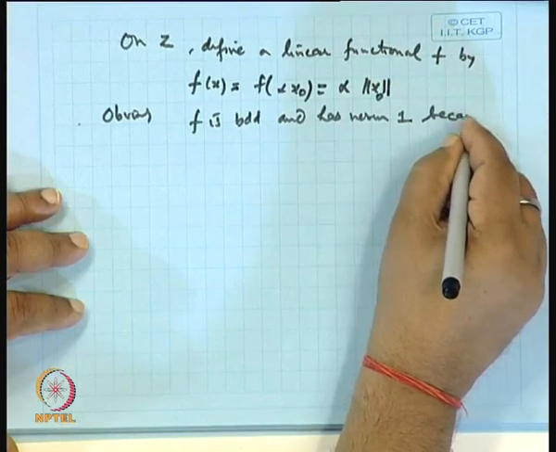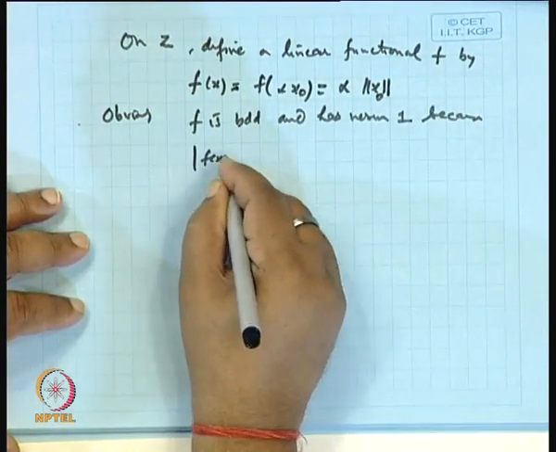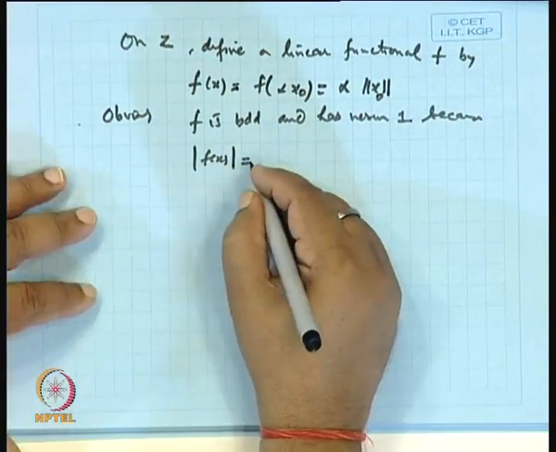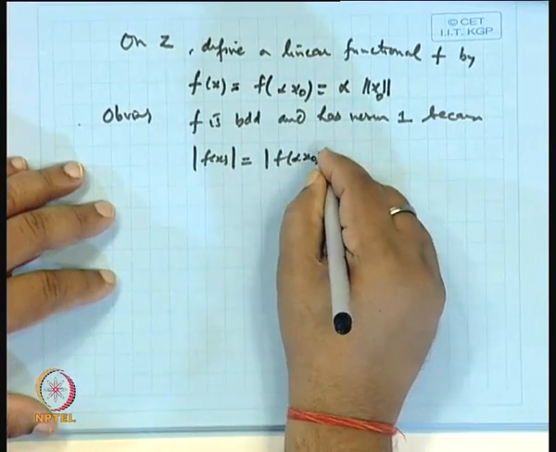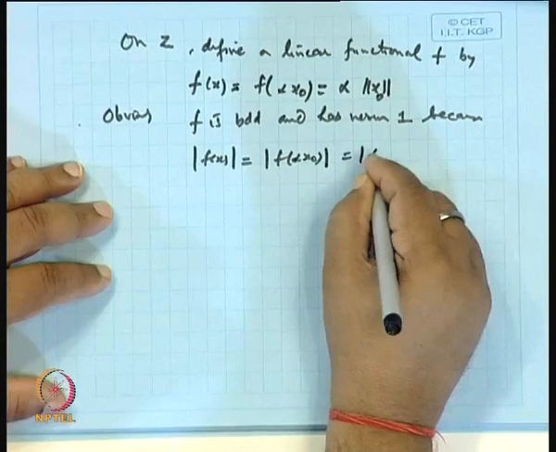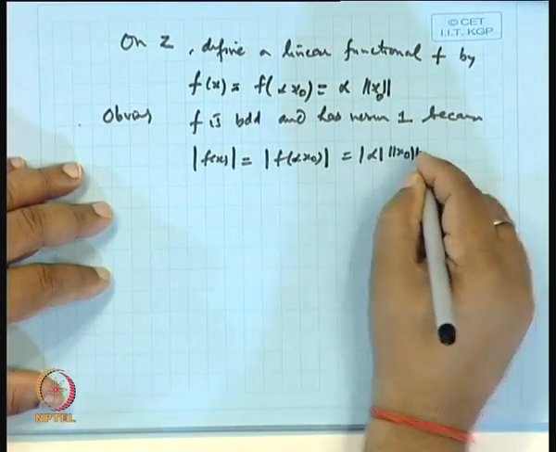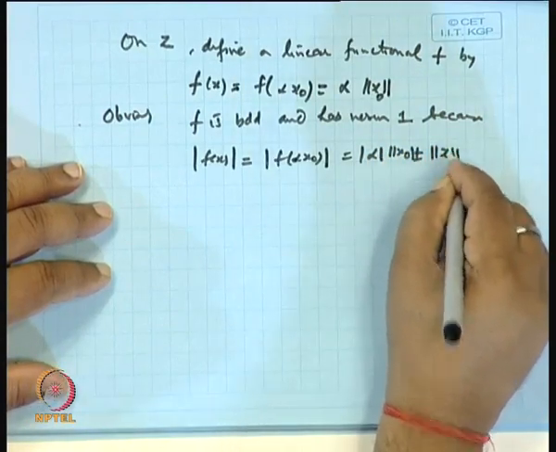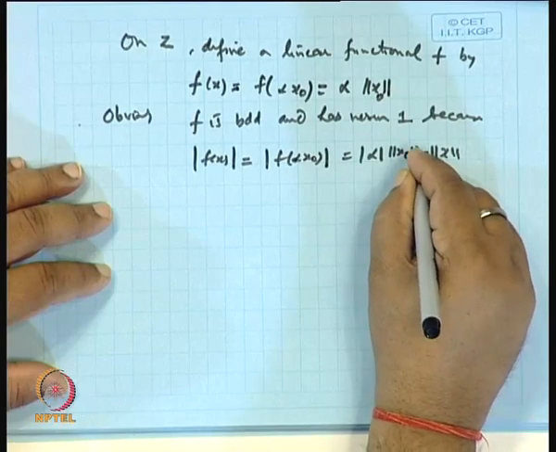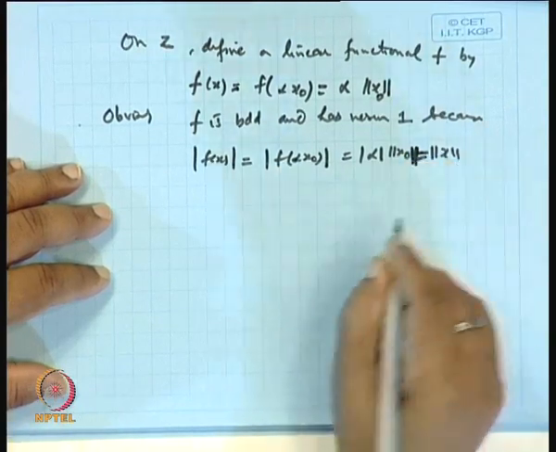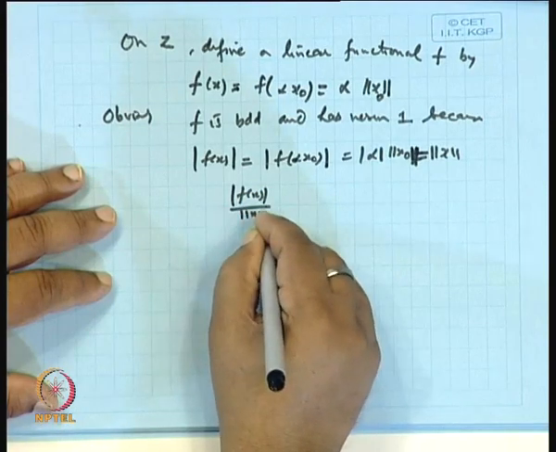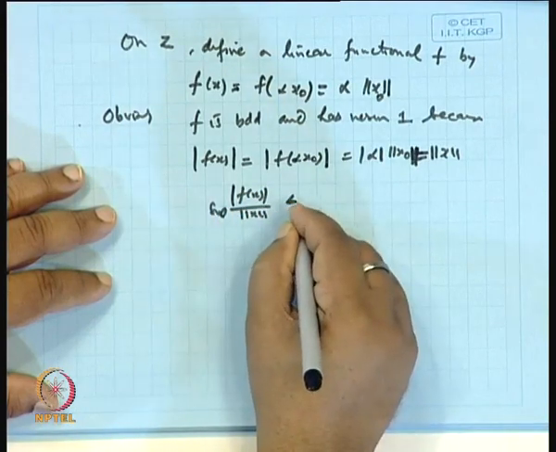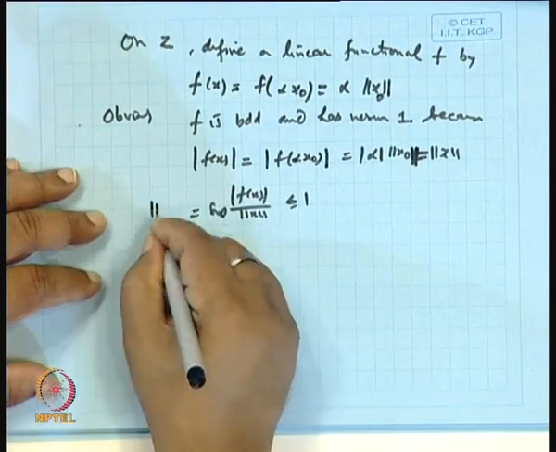Because what is the mod of f(x)? It is mod of alpha times norm of x naught, which is equal to norm of x. So, dividing by this, we get mod f(x) over norm x, whose supremum is less than or equal to 1, which is the norm of f.